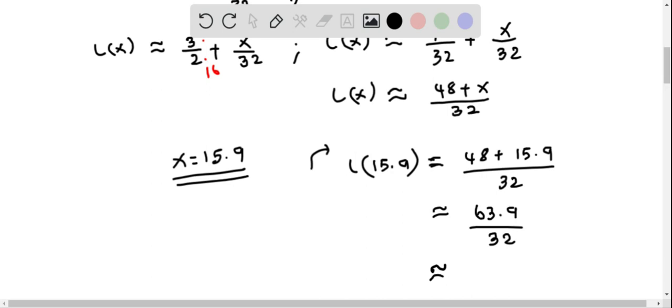In fact, we can do this division and round it to 2 or 3 decimal places. When you do that, we get 1.997. So this is the approximate value of the fourth root of 15.9.